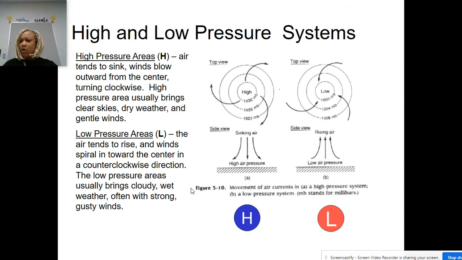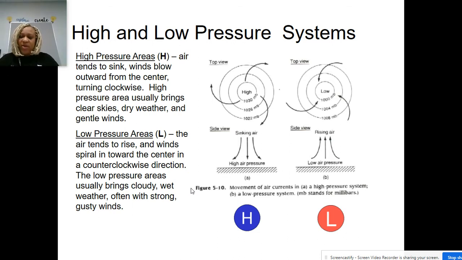But in low pressure you have warm air that is rising, which in turn creates those thunderstorms. So think about those hurricanes. Hurricanes form in the Gulf when the water, wind, air, and atmosphere are really, really hot. So you have what is called a low pressure system.